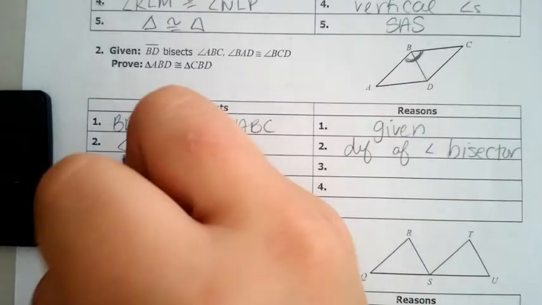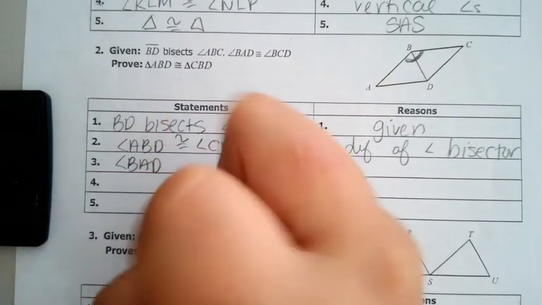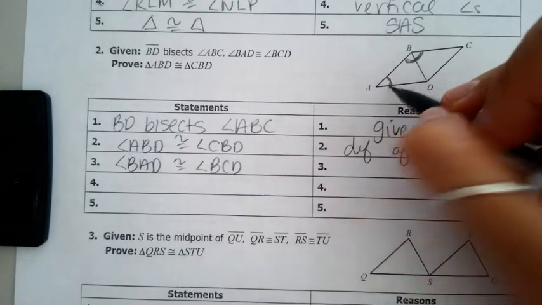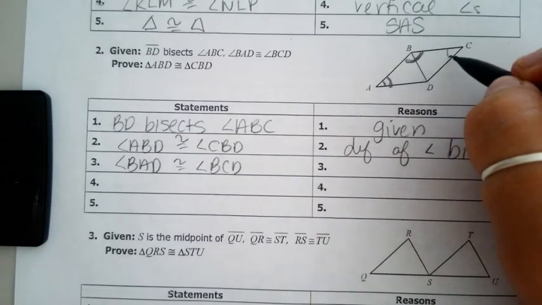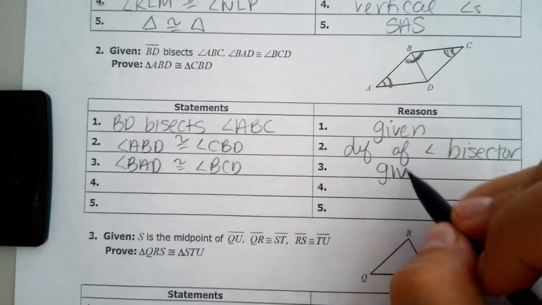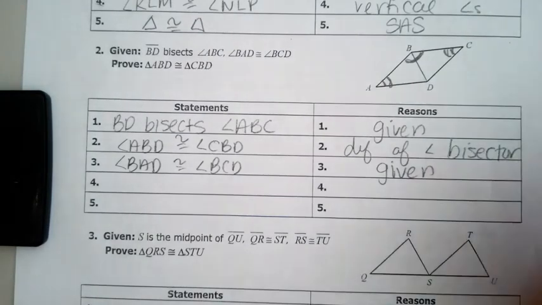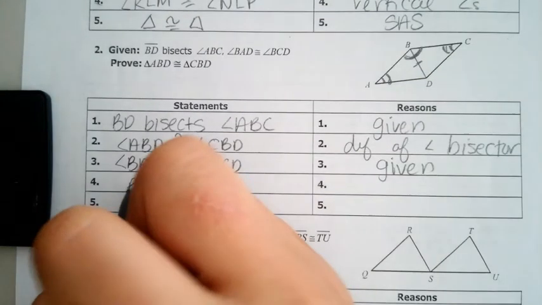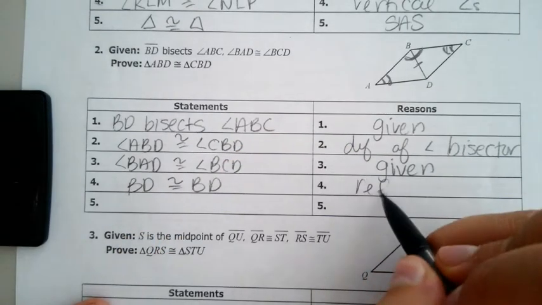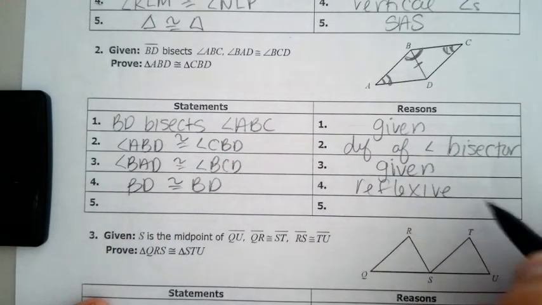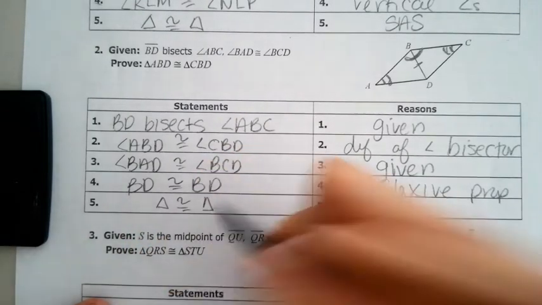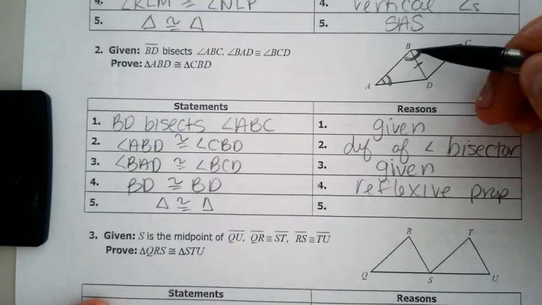Then we have angle BAD is congruent to angle BCD. So that means these angles are congruent. That was given. And BD is congruent to BD, the reflexive property. And the triangles are congruent by angle, angle, side.